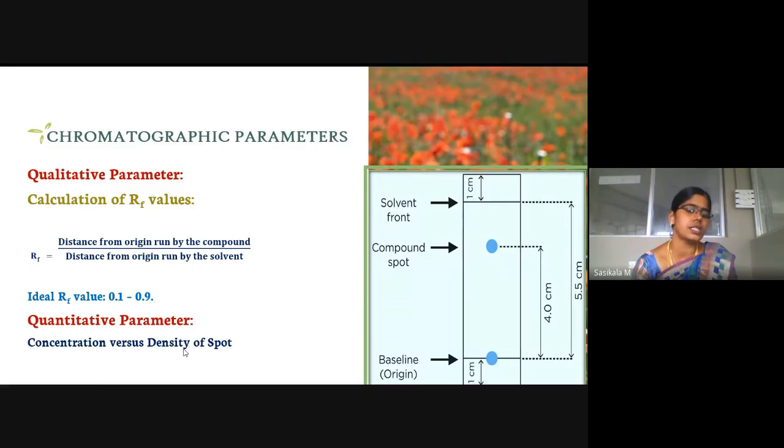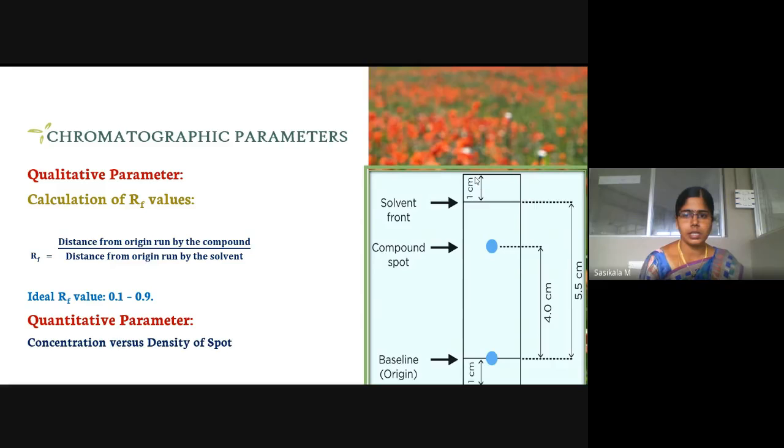Concentration versus density of spot can be analyzed to make a quantitative analysis. The RF value is a qualitative parameter. We have discussed RF value enough; it is only used for detection of the compound, according to the distance traveled by the sample from the origin line and the distance traveled by the solvent from the origin line to the solvent front, which will give you the RF value.